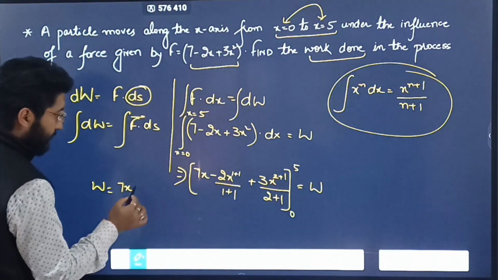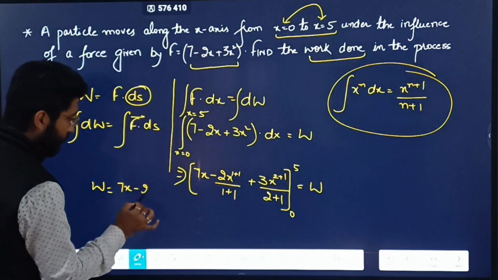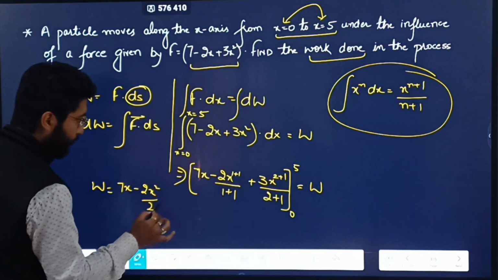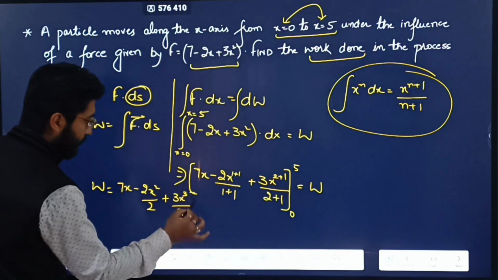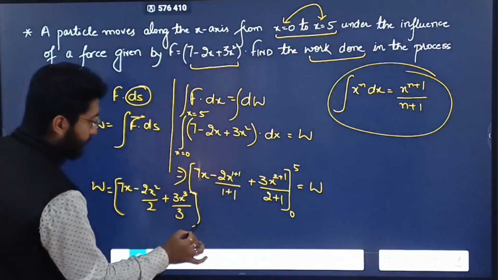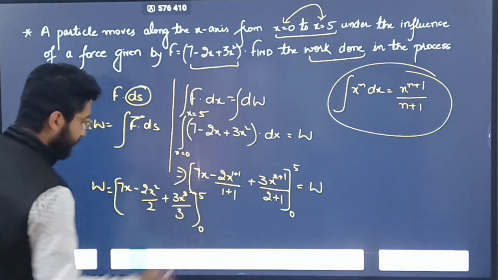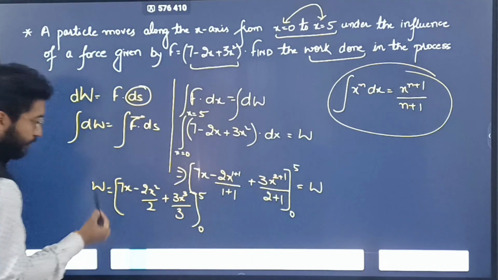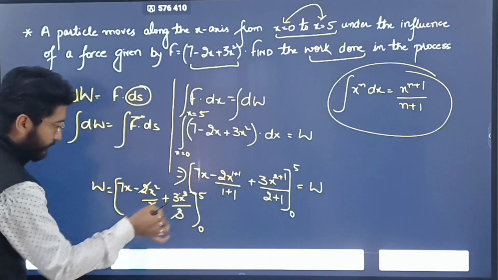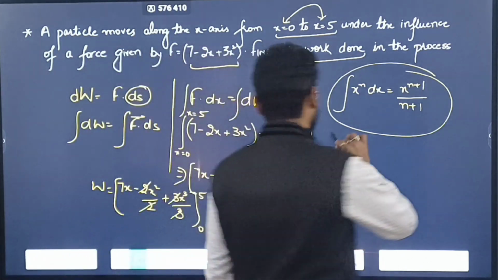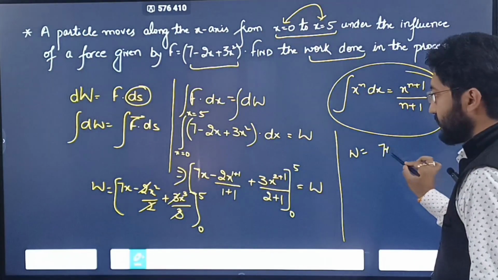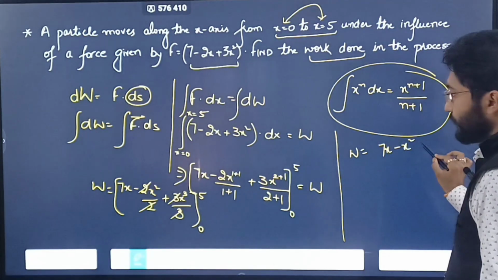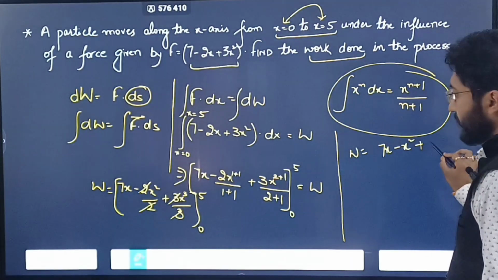Now 7x minus 2x square upon 2 plus 3x cube upon 3 within the limits 0 to 5. Now we firstly cancel this, and W equals 7x minus x square plus x cube.